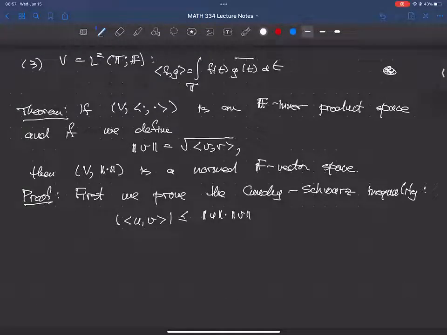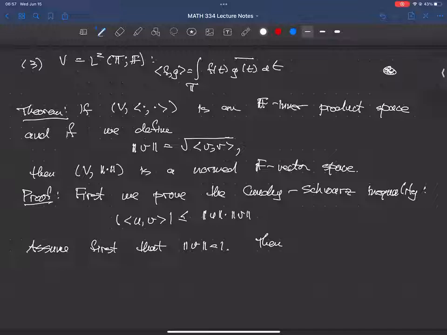So assume first that the norm of v is equal to 1. All right, so then, just for simplicity, and then the other case will follow easily from what we proved there.